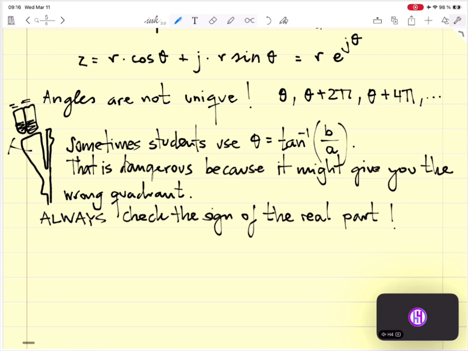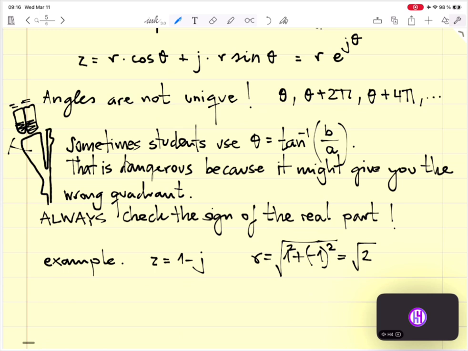So, example: convert to polar form. r is the square root of 1 plus minus 1 squared, so square root of 2.